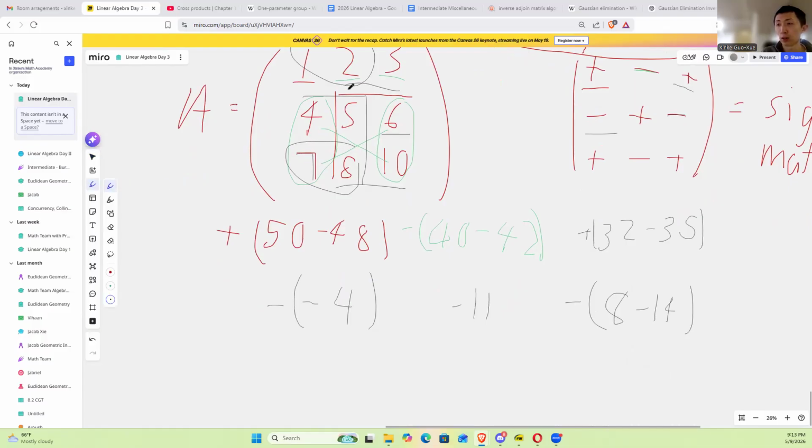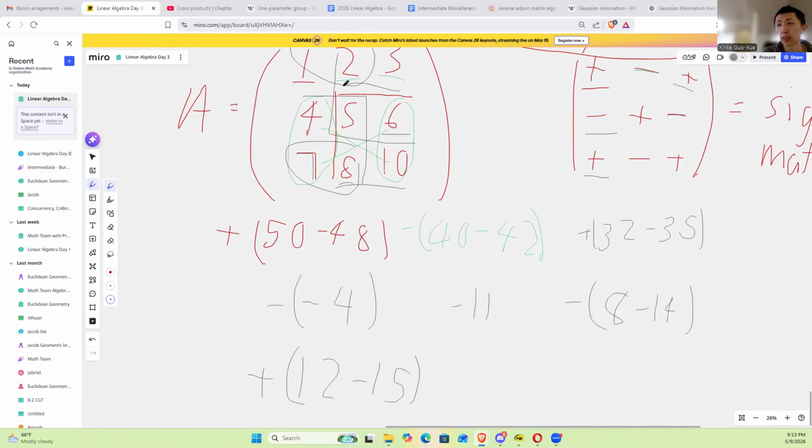For 7, we delete the row and column it's in, so we're left with 2, 3, 5, 6. The determinant there is 2 times 6 minus 3 times 5, which is negative 3. This is in the first column, third row, so it gets a positive sign.